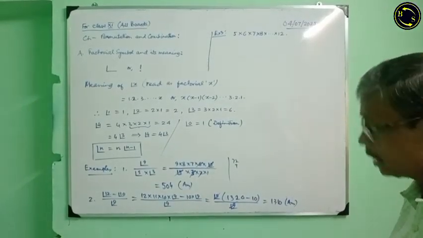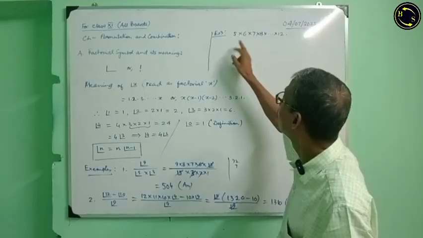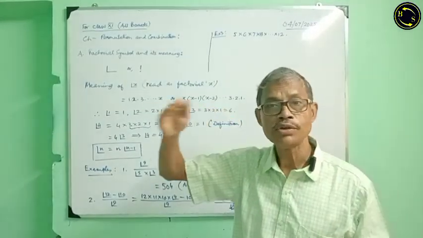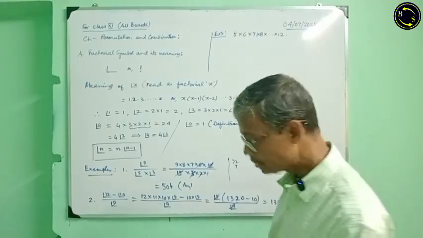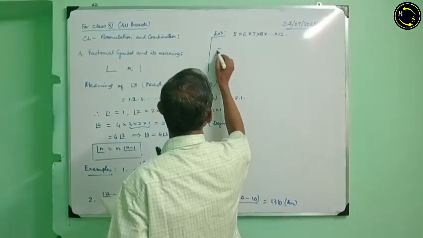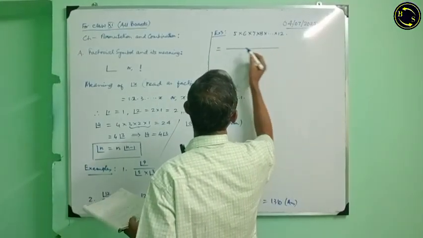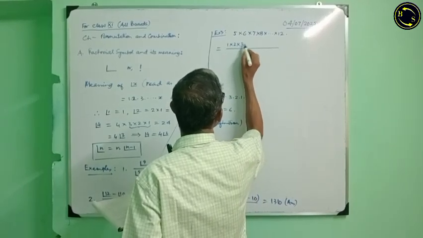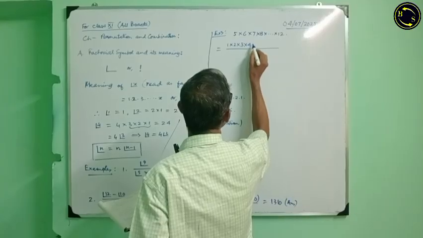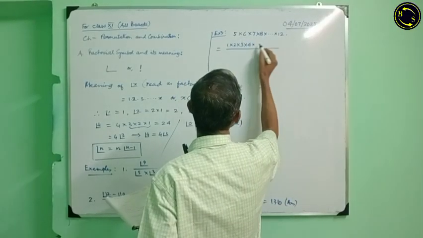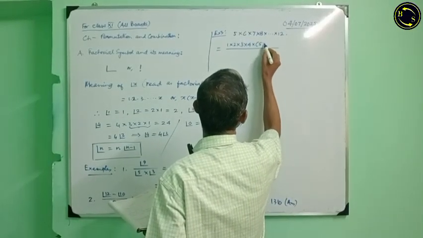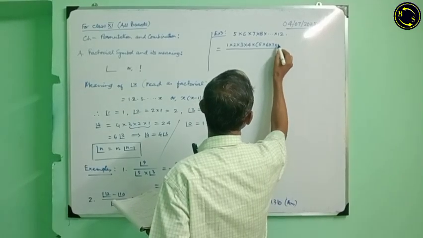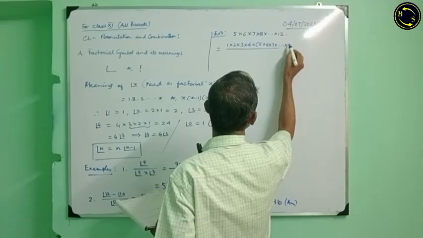Therefore, if I add here the product starting from 1 to 4, that means this one, 1 into 2 into 3 into 4. Next this one 5 into 6 into 7 into dot dot dot into 12.